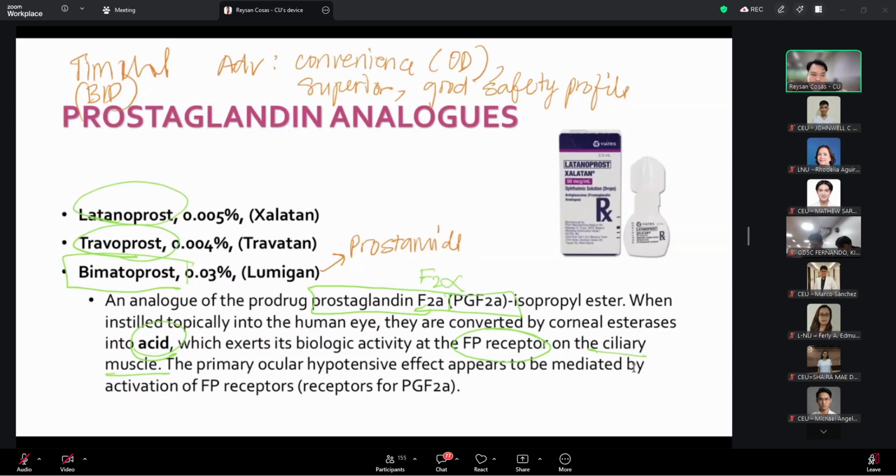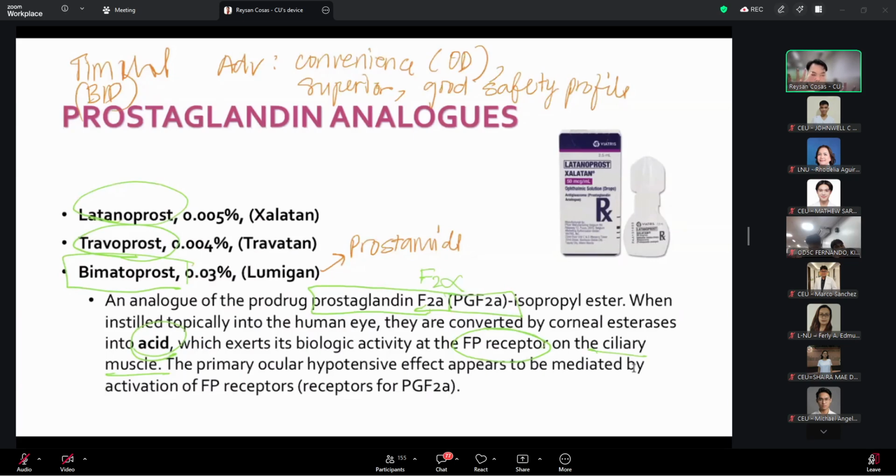So, good yung mga beta blockers for the diurnal intraocular pressure control. The diurnal is like during the day. Pero pag nocturnal, yung mga beta blockers, they have reduced ability to lower the intraocular pressure.